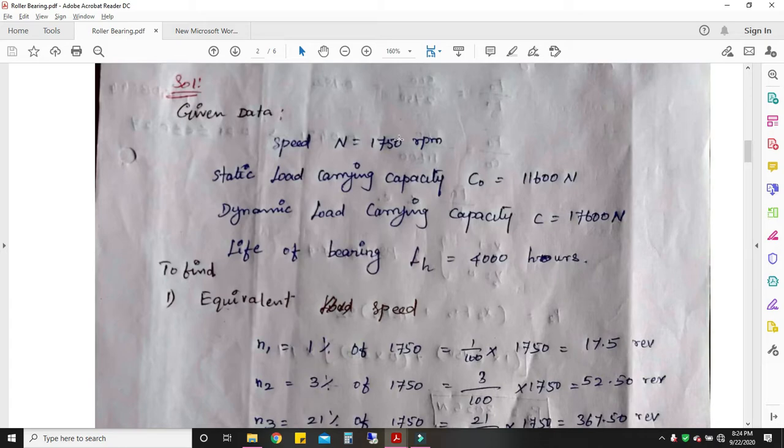One more point: the life of the bearing is expressed in hours or million revolutions, but in the problem statement the life is given in hours.